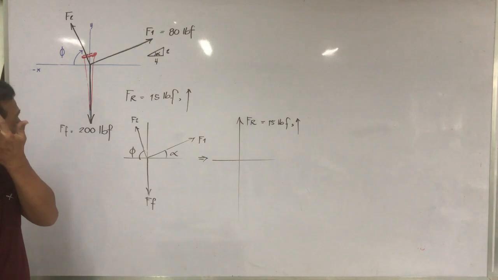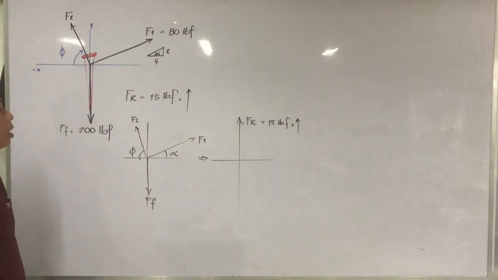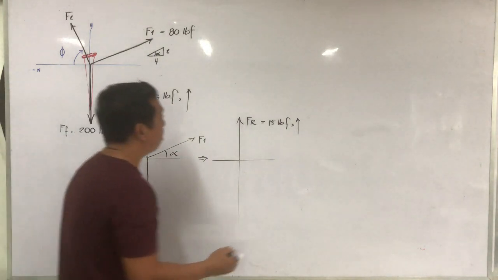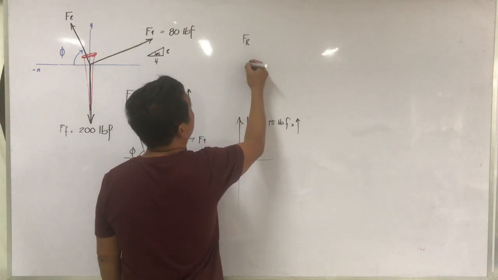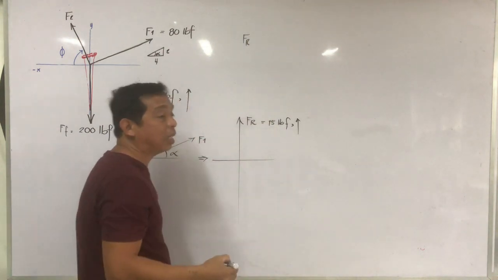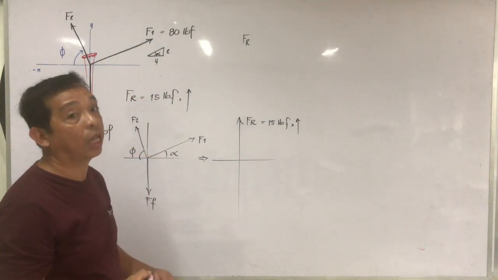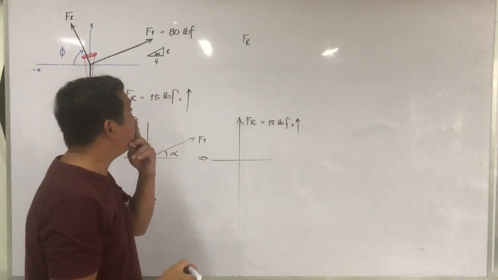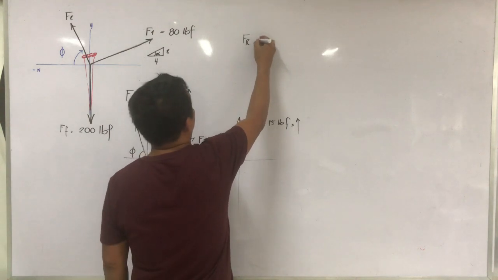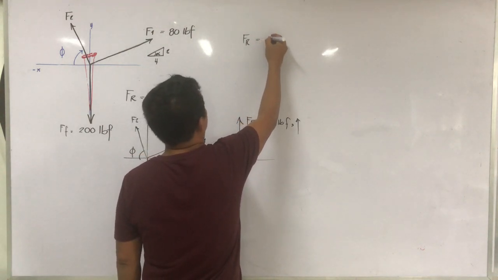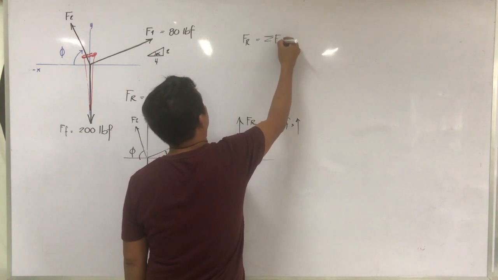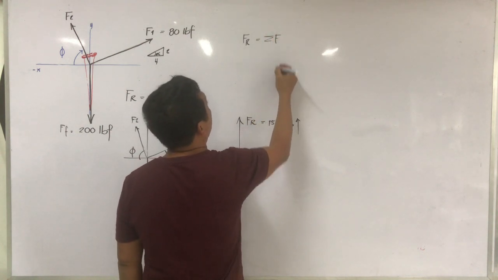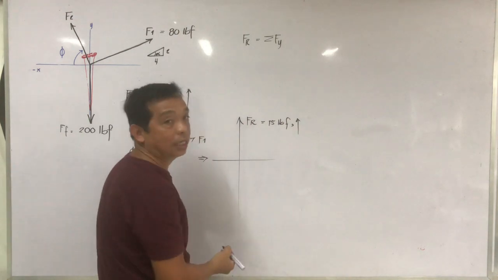So, ibig sabihin yan, as per analysis, lumalabas kasi na yung ating FR na nanggaling sa summation of forces sa vertical at sa horizontal, lumalabas na siya ay equal sa summation ng lahat ng forces sa y-axis.